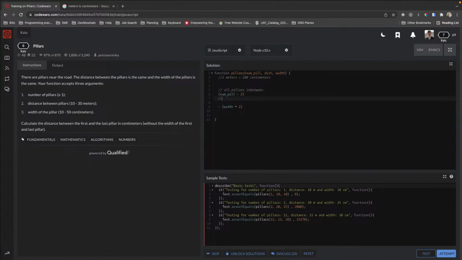So that's that measurement. And now we need all the spaces in between.